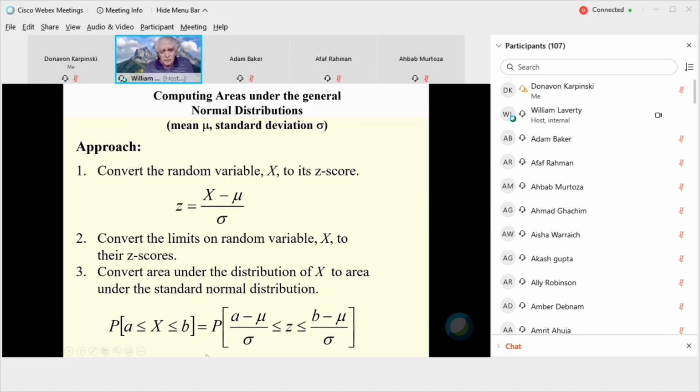There's a formula that the area between A and B is the area for Z, after I perform the Z transformation, between (A minus mu) over sigma and (B minus mu) over sigma.